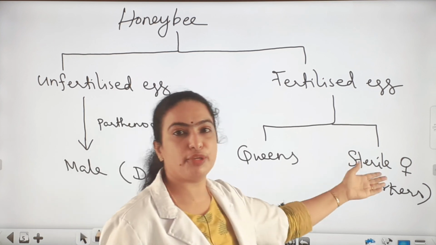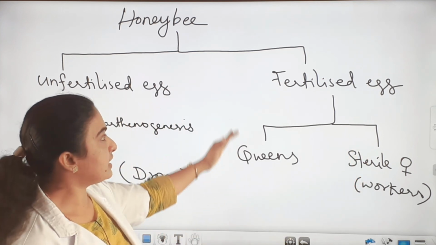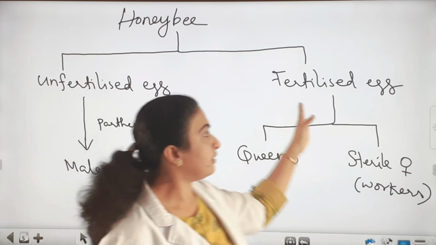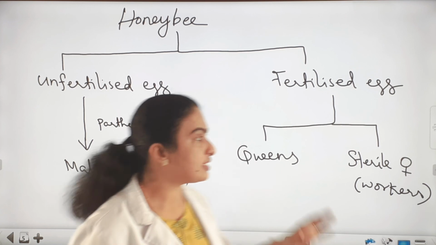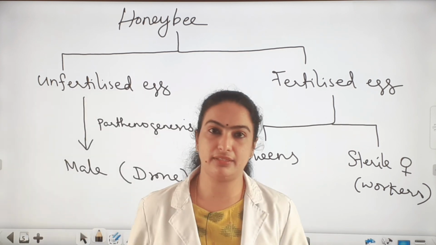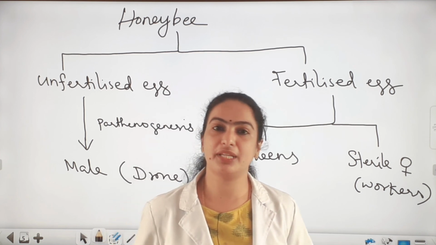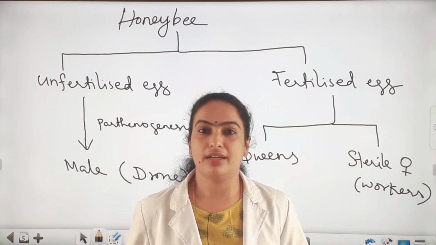They are acting only as workers, and queens are produced by the fusion of male and female gametes. So this is the sex determination mechanism in the case of honeybee. Is it clear about sex determination mechanism in various organisms? Okay, that's all for today.